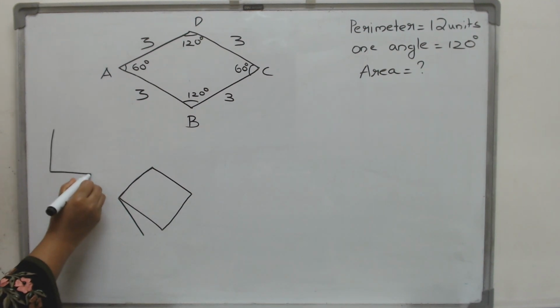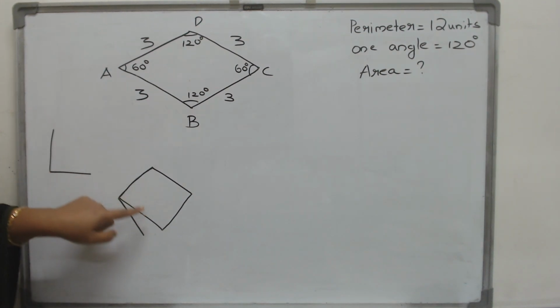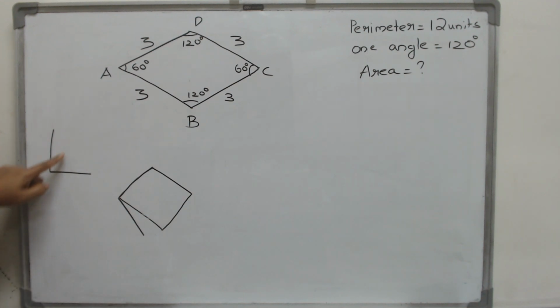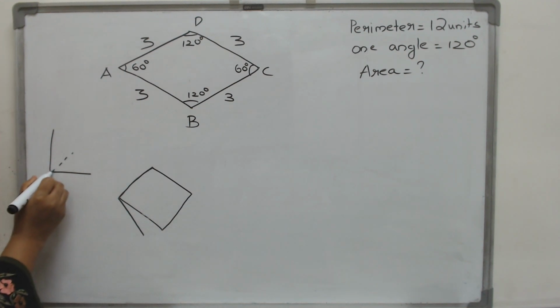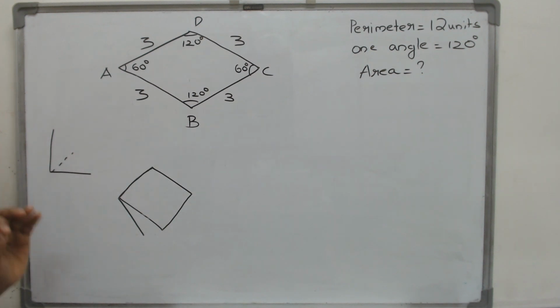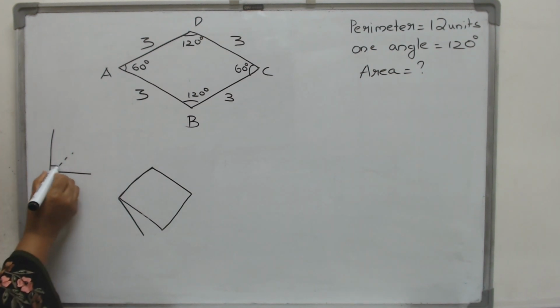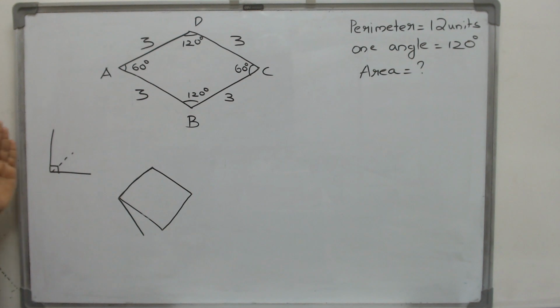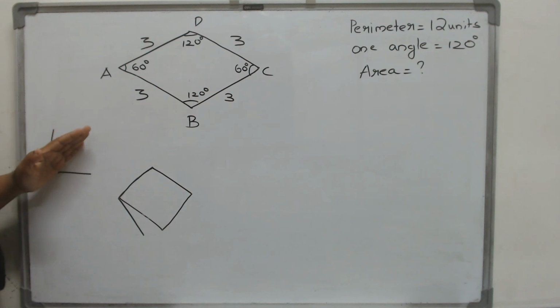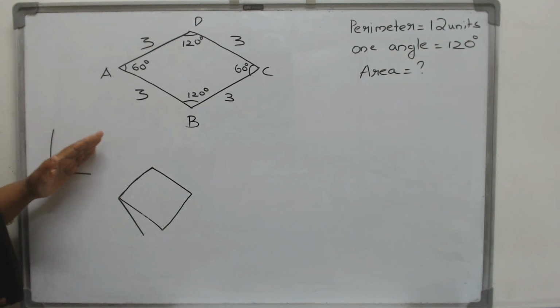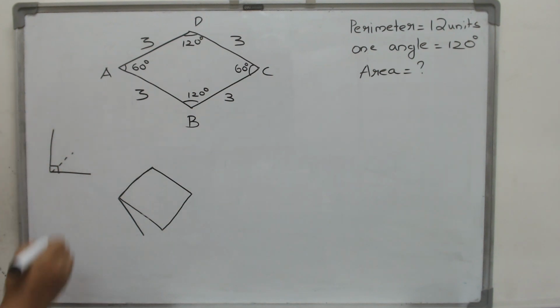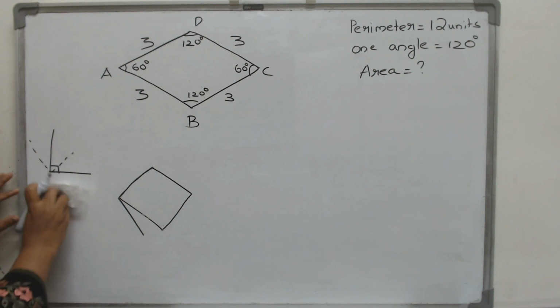If the next side lies inside of this L, then what you have here is an acute angle, because this is 90 degrees, right? But instead if it falls outside, then what you have is an obtuse angle.